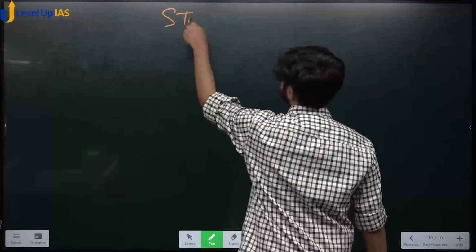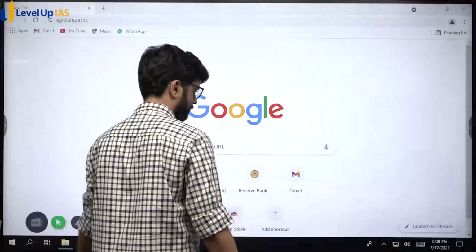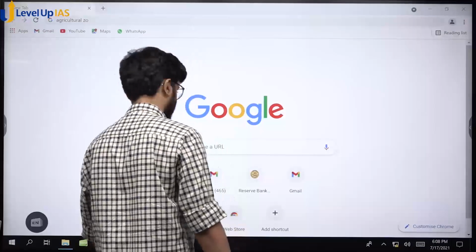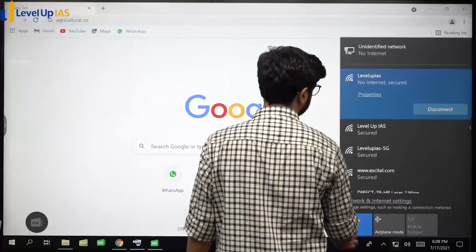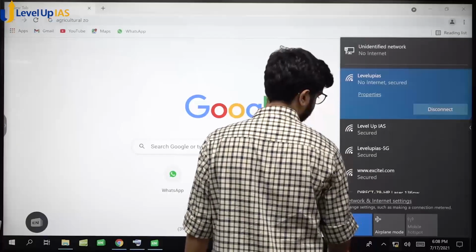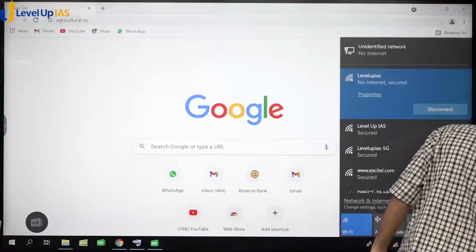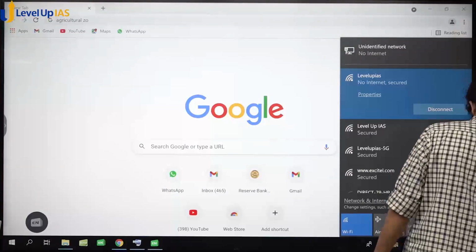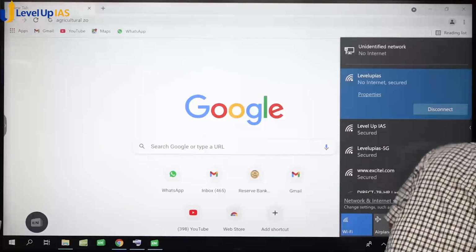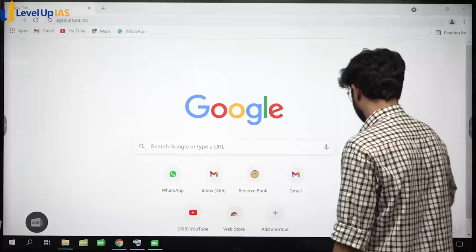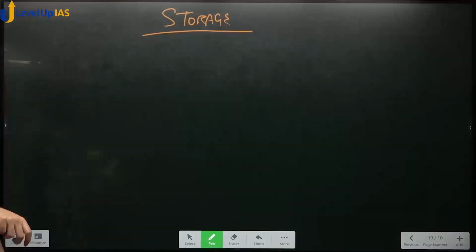Storage. Okay, let us start with storage.